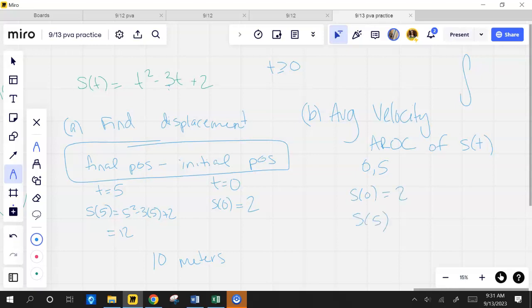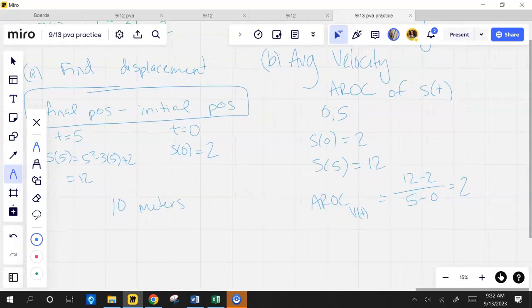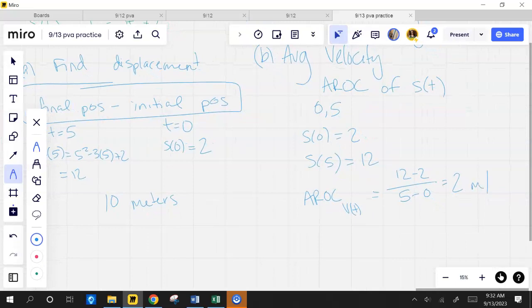We already found this in part A. I don't have to re-find it. It's 12, right? So now the average rate of change, 12 minus 2 over 5 minus 0. It's 2. Use your correct units, meters per second.